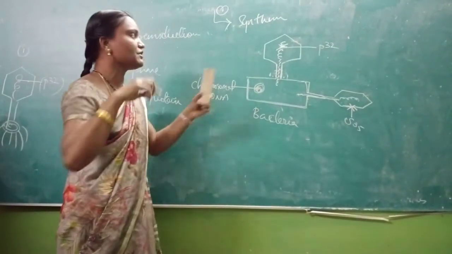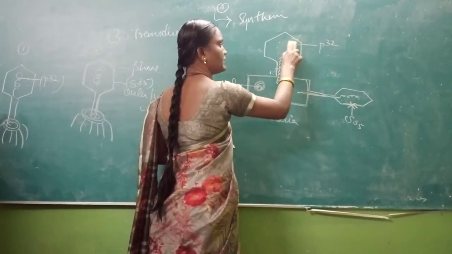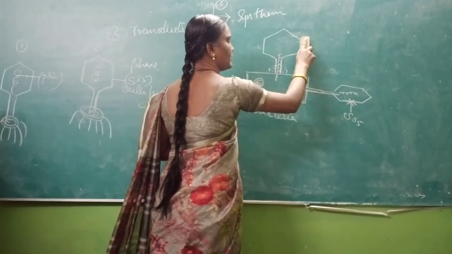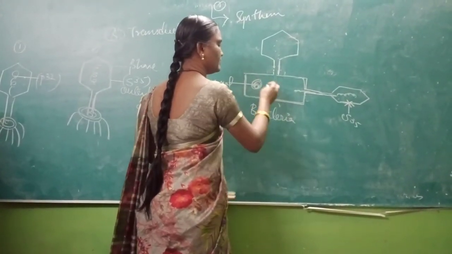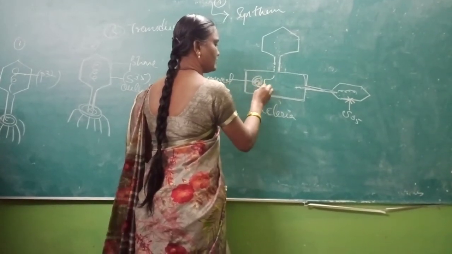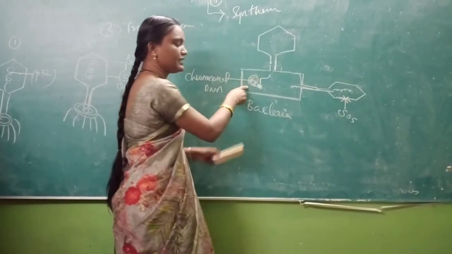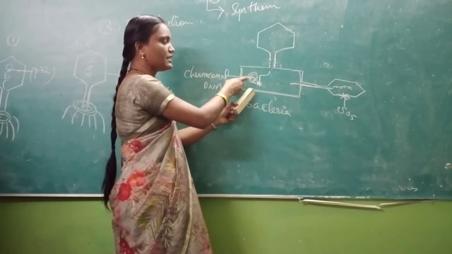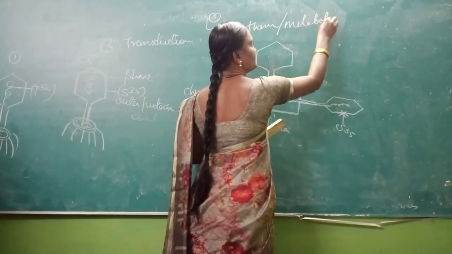So next, coming to the synthesis step, what happens? Totally your radio labeled P32 of phage 1 DNA molecule has entered. So this is your phage DNA, P32 has entered, and it is being metabolized. See, synthesis or metabolism phase.